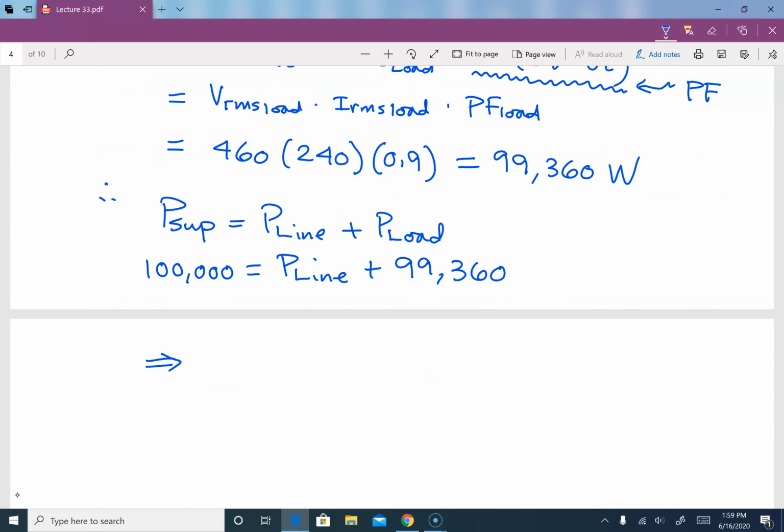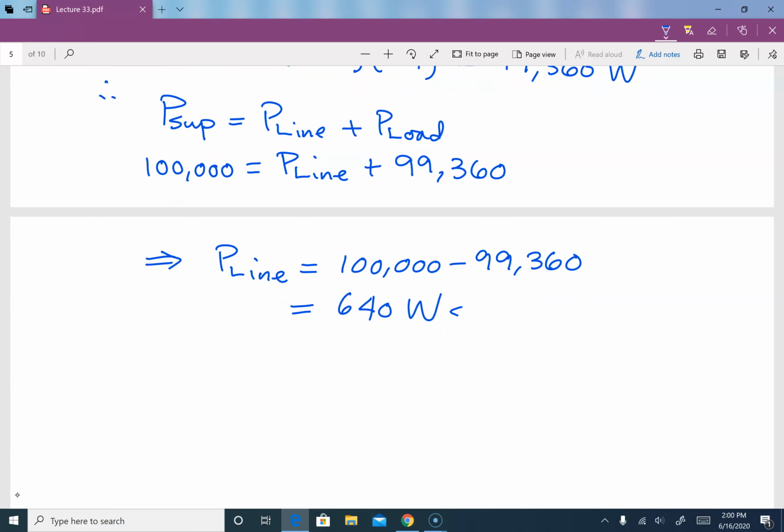From that we can find our P line, which is 100,000 minus 99,360. So the line has a loss of 640 watts, and this is the power loss in the transmission line.